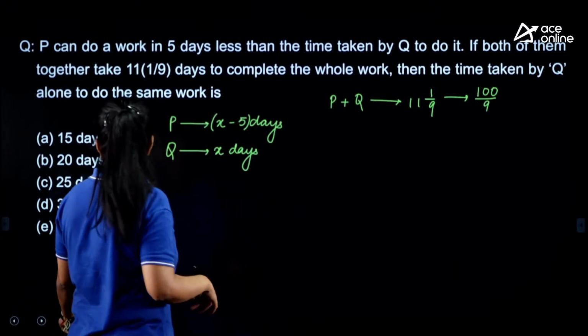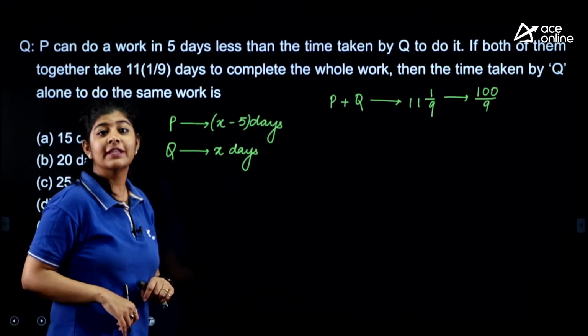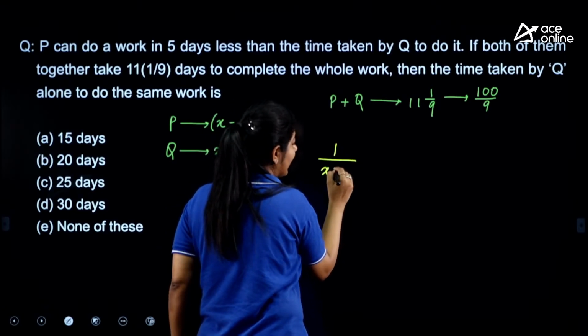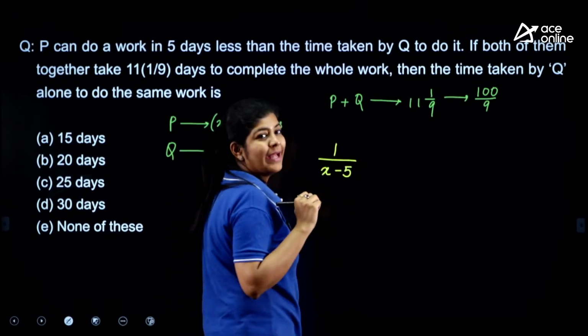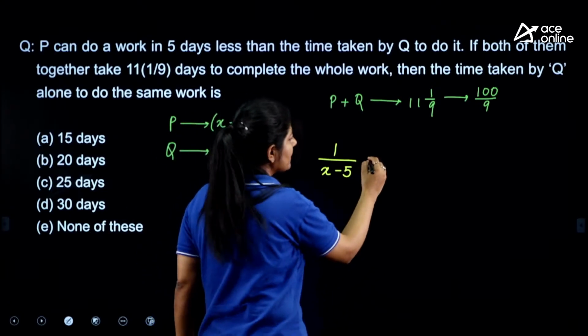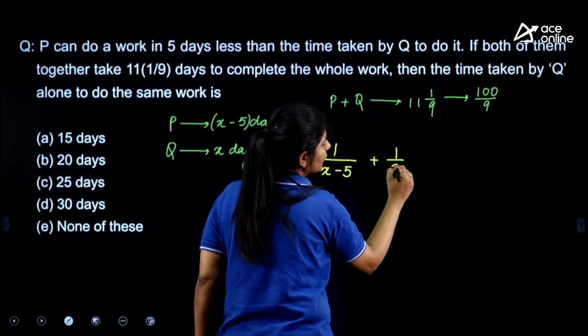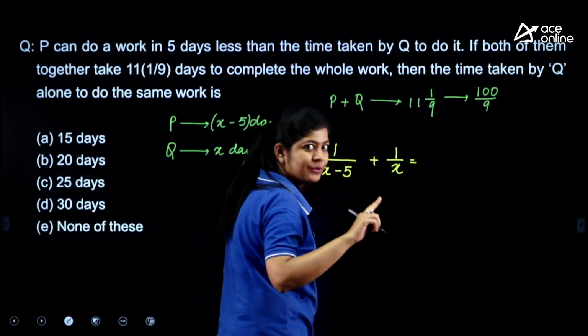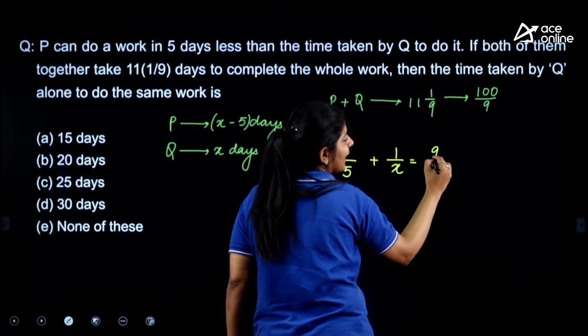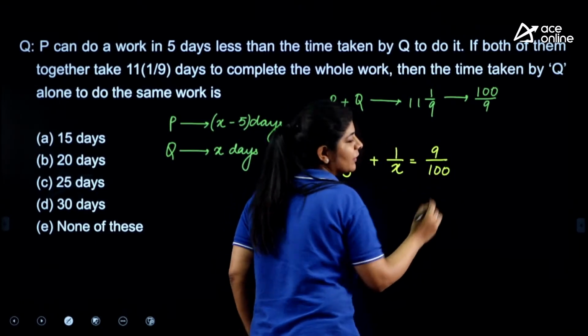Now if we go through the 1 day work of them, the 1 day work of P is 1 by X minus 5, plus 1 day work of Q, and according to that the 1 day work of both of them is nothing but 9 by 100.